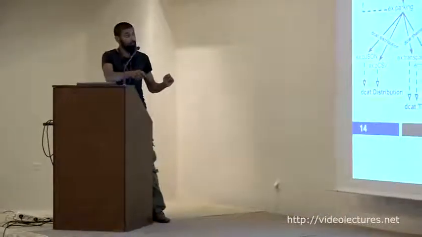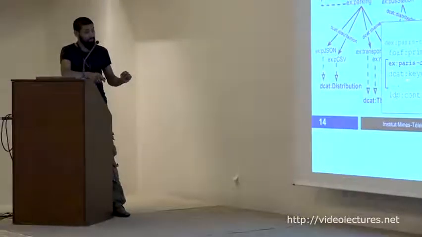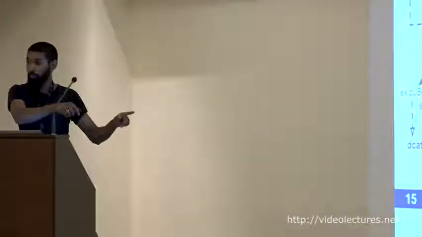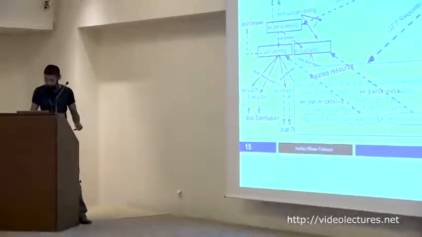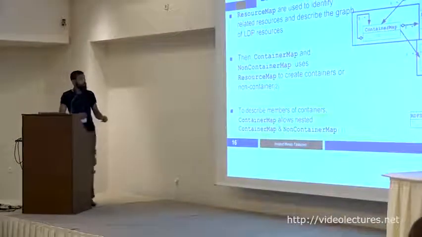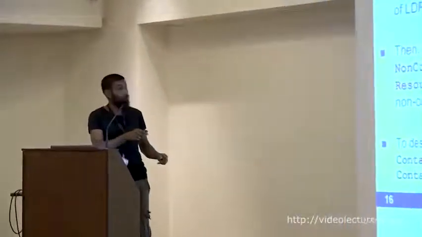For example, if we dereference the content of DEX Paris catalog, what we obtain is an RDF graph containing the description of the related resource and also some members. These members can also have related resources, and then recursively they are going to contain a portion of the RDF graph that describes resources here with other members. To identify related resources, we have the construct resource map, and using related resources, we generate LDP resources and their graph.